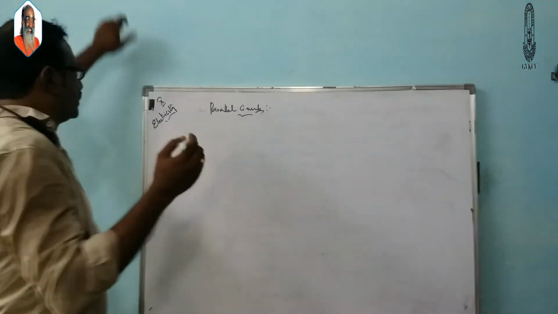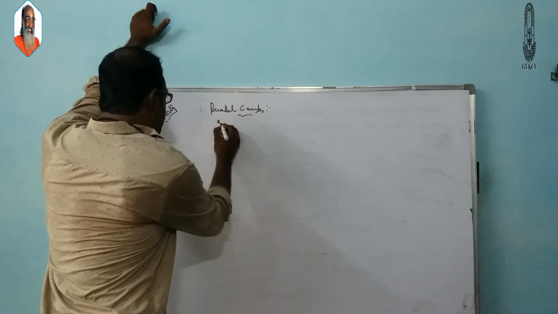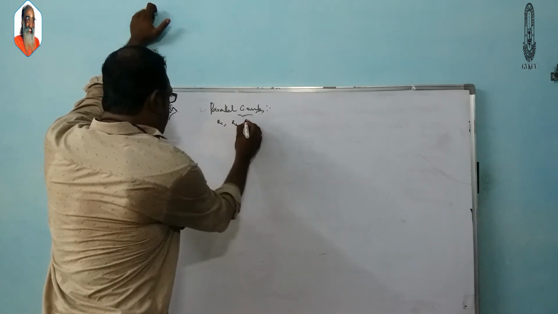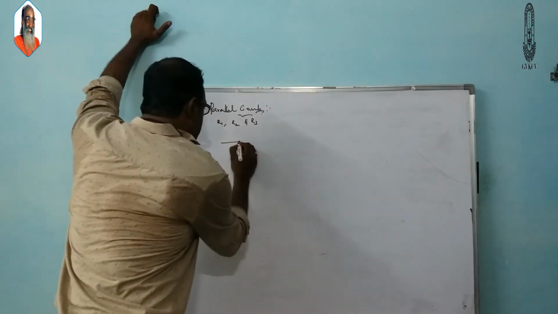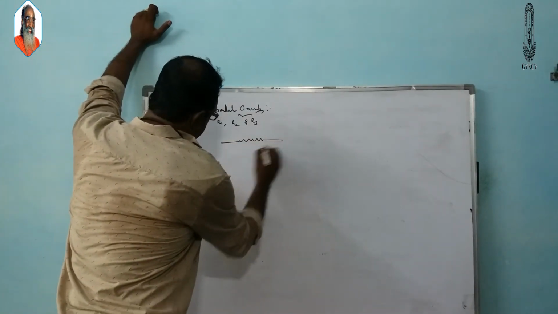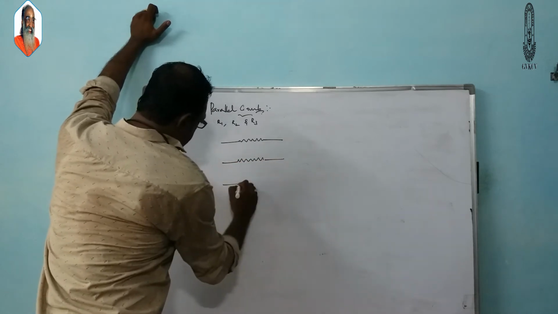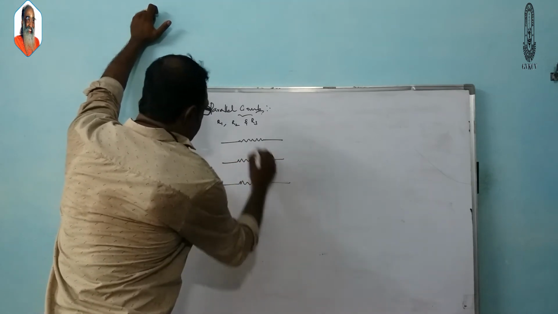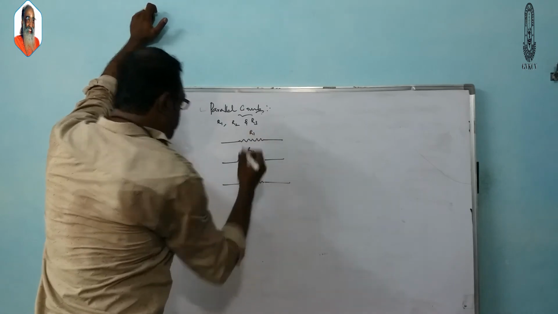Let us see how it will be diagrammatically. Suppose we are having the resistances R1, R2 and R3. So now these are the three resistances. Already you know, by using a zigzag line we represent the resistances like this. So this is R1, R2 and R3.